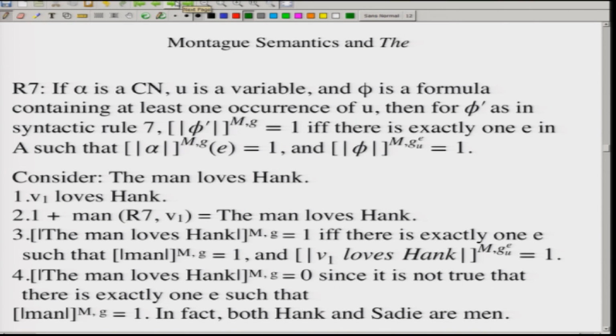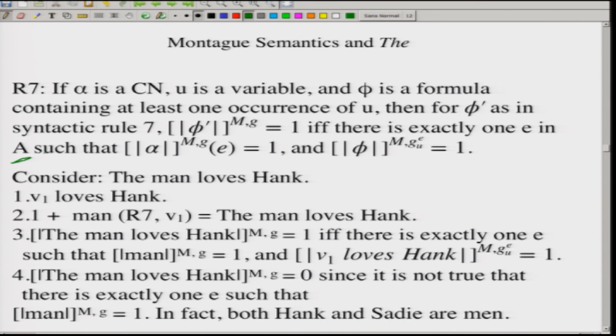He made this rule: if alpha is a Cn, that is a common noun like man, woman, whatever, u is a variable like v1, v2, and phi is a formula containing at least one occurrence of u, then phi prime, as in syntactic rule 7, with respect to m and g is 1 if and only if there is exactly one e in A, the set of individuals, if we remember, such that the value of alpha, that is that e is an alpha, the count noun, and the value of phi with respect to m and g e u is 1.